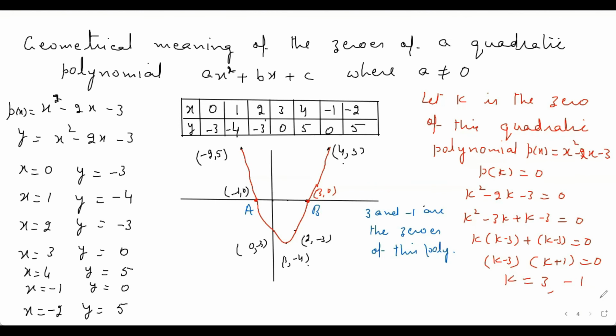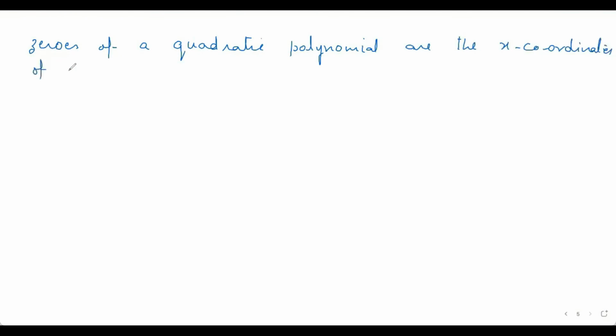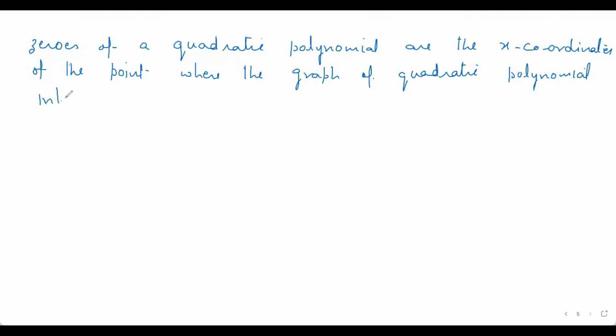So on the next page, I'll write: zeros of a quadratic polynomial are the x coordinates of the points where the graph of the quadratic polynomial intersects the x-axis.